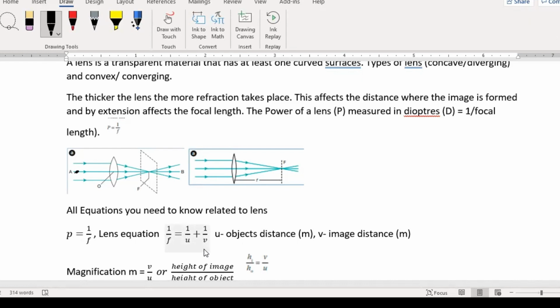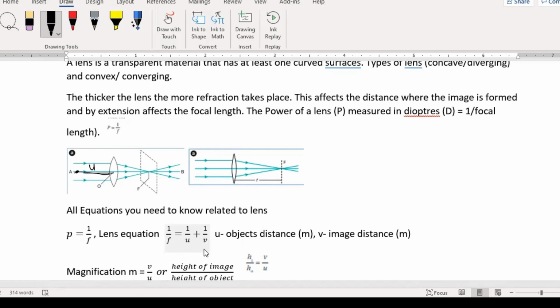This portion where the light rays are going towards the lens is called the front of the lens. If you measure the distance from the optical center to where the object is located, that will be your object's distance. It can be in meters, it can be in centimeters, you name it. I will refer to that distance as U.